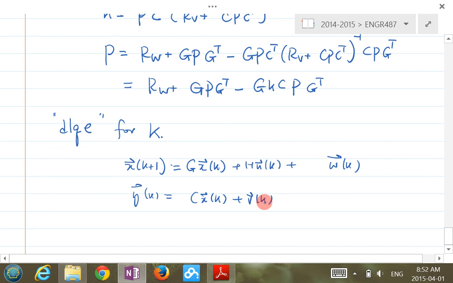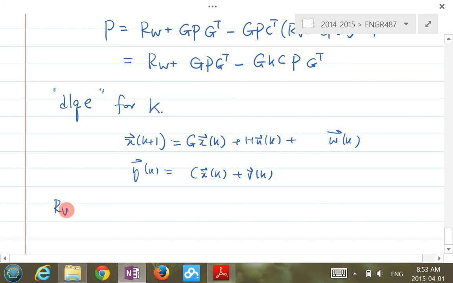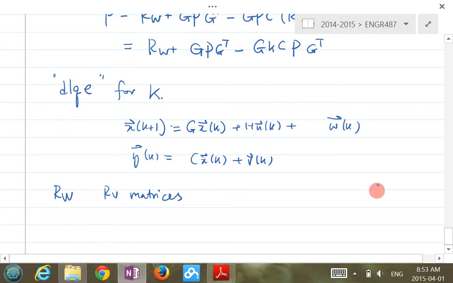When you apply this DLQE, you need to have this R_W and R_V matrix. Those are the two variance matrices. Either you just arbitrarily assign certain values, or you maybe get them from estimation or identification.